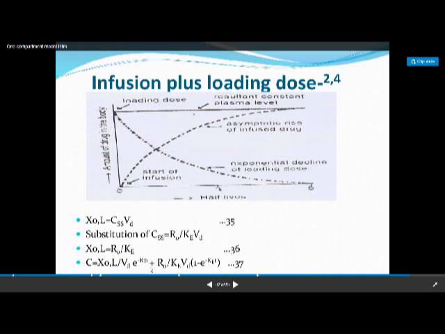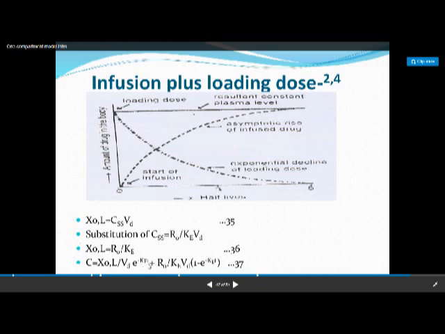How does this equation occur? This is the total concentration. X0L upon VD e raised to minus KEt is the equation for the loading dose, and R0 upon KE VD into 1 minus e raised to minus KEt is for the IV infusion.